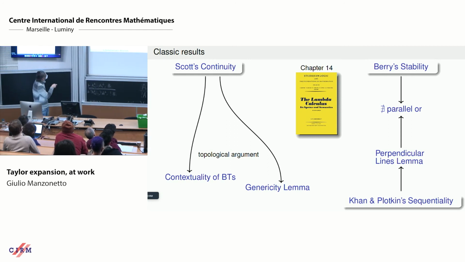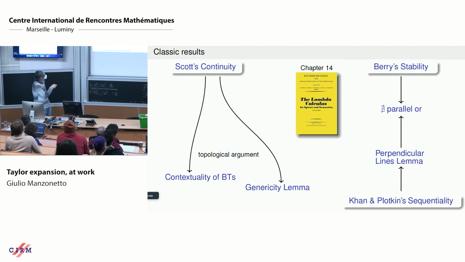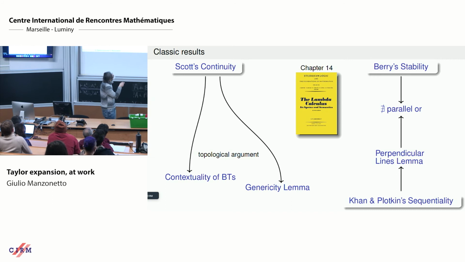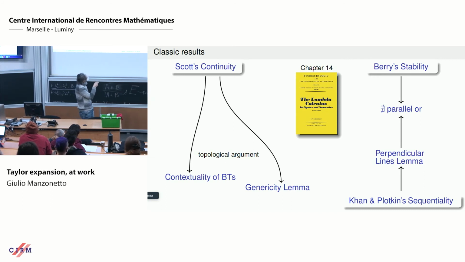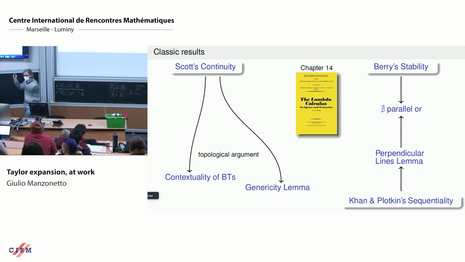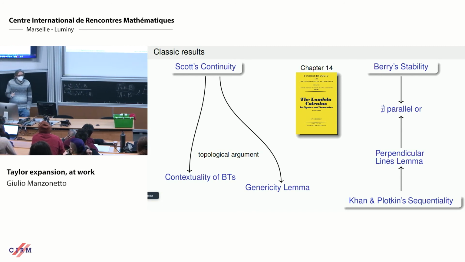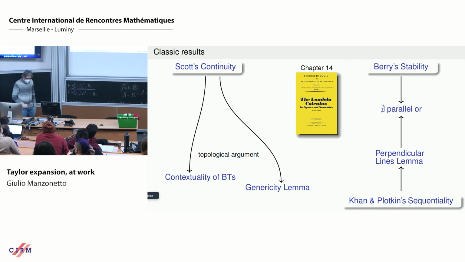So we consider the contextuality of Böhm trees, the genericity lemma, which follows from Scott's continuity via a topological argument, then the non-existence of the parallel or, which follows from Berry stability, and the perpendicular lines lemma, which follows from Kahn and Plotkin sequentiality. So basically all the results in chapter 14 of Barendregt's book.